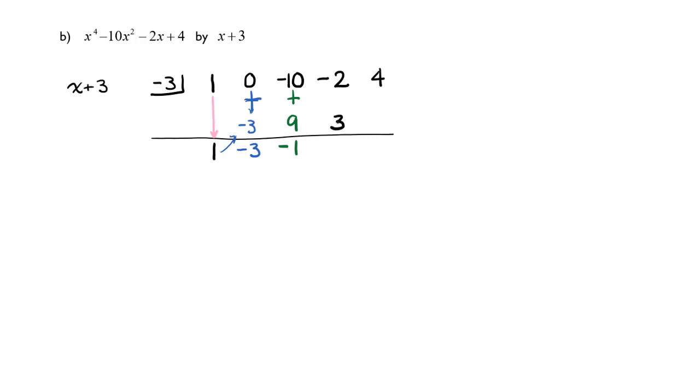Put that in the next column to the right. Add -2 and 3 together, and we get +1. Multiplying -3 to 1, we get -3. Adding 4 to -3, we get 1. So my remainder is 1.